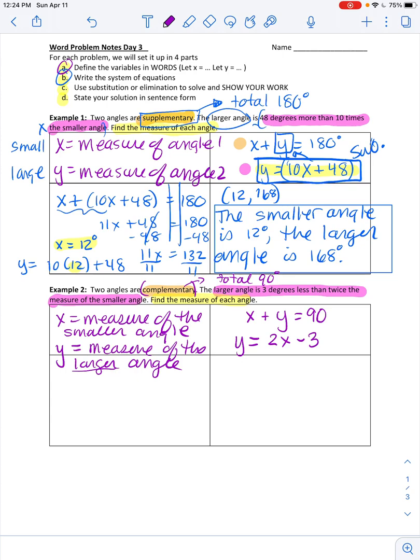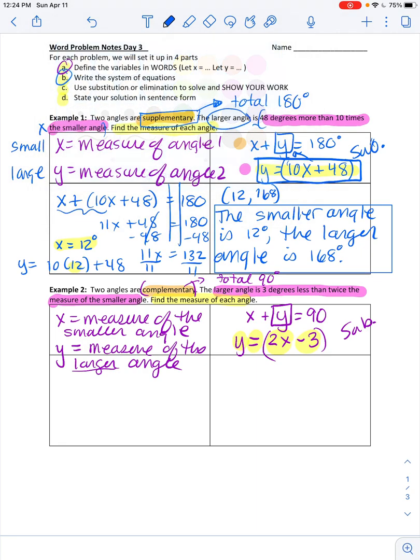So that is my larger angle y is 3 less than twice my small angle. And glancing at this one, this looks again like something I'd probably use substitution for, because I can take my 2x minus 3 and sub it in for the y.